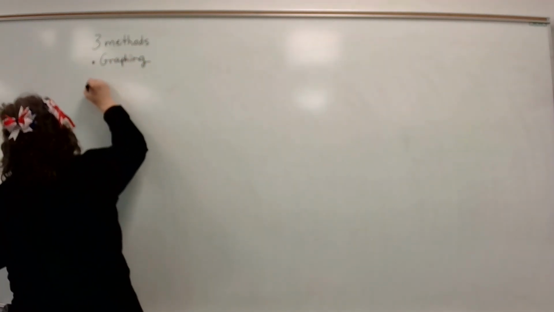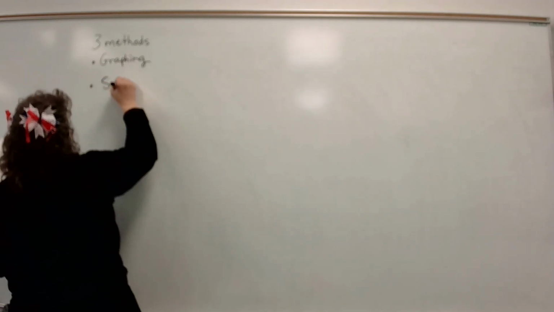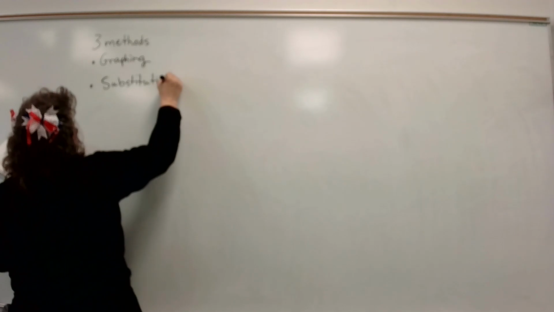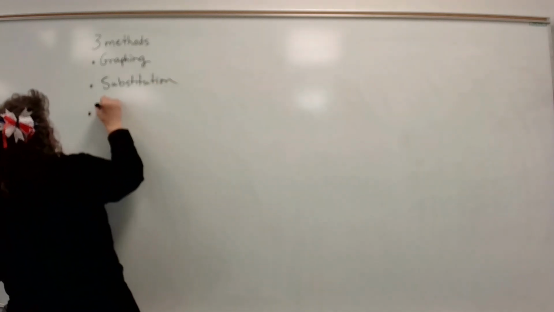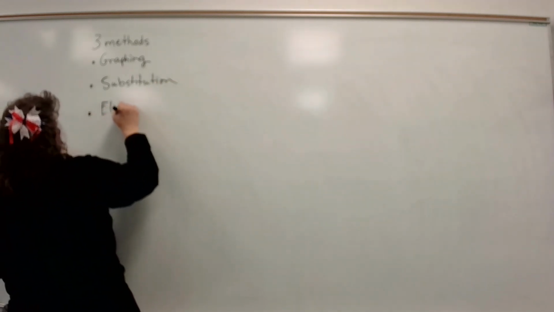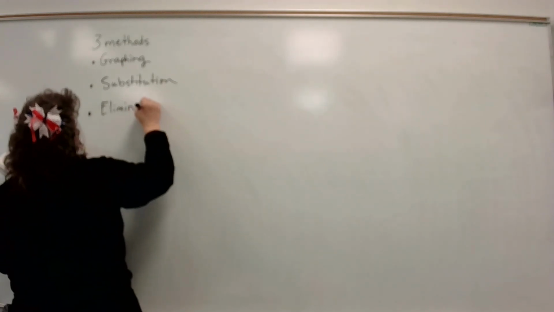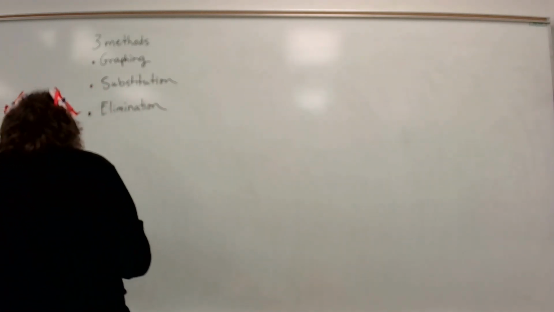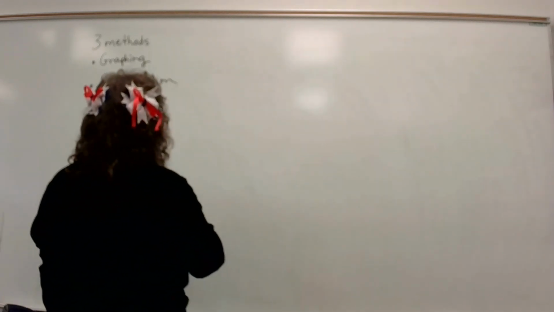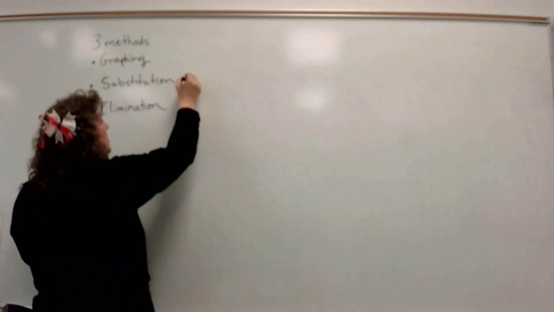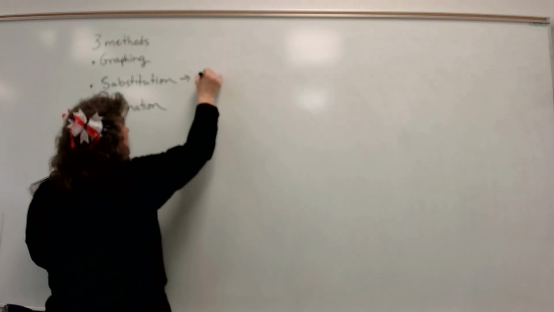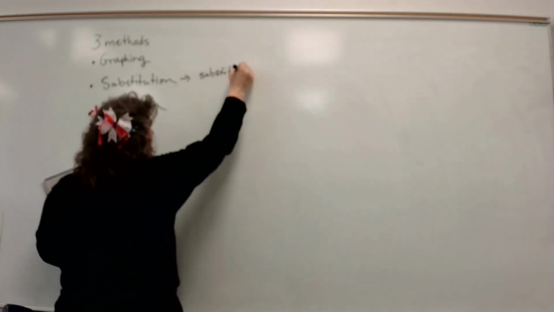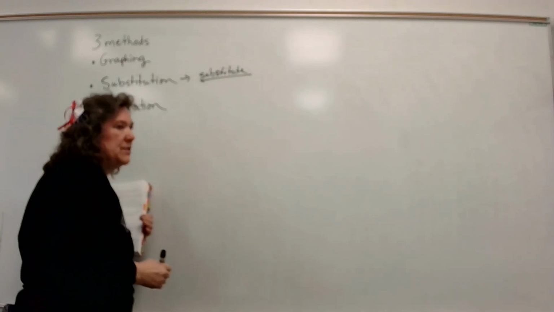The second method is through substitution. And the third method is through elimination. So, as you can tell from the word substitution, you're going to substitute something in for something, because that's what that means, to substitute.